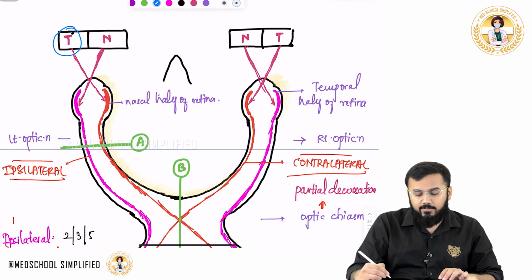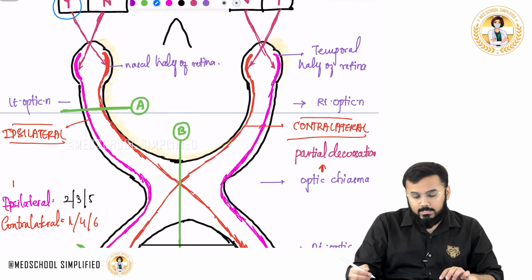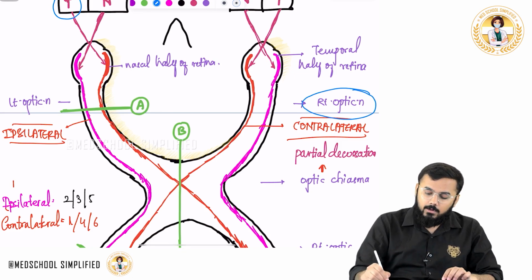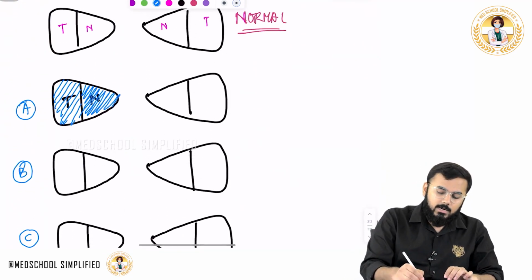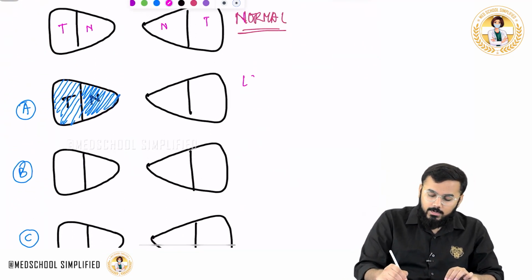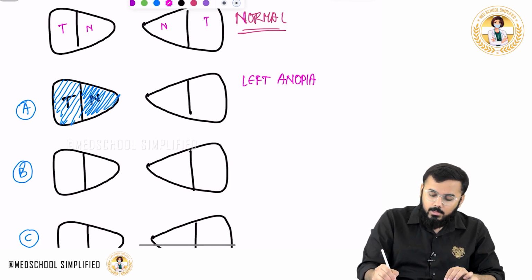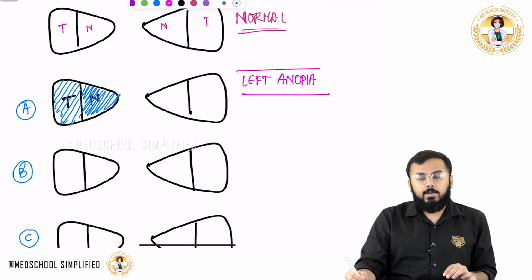Now is there any effect on the right optic tract or the right optic nerve? No. Right side at the level of optic nerve, they are receiving the information. So there is no problem, right? So this condition you call left anopia. Anopia on the left side, left sided anopia.